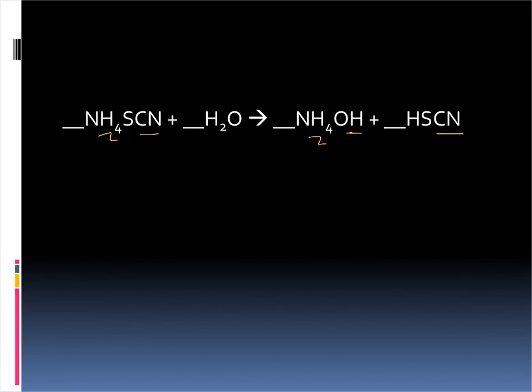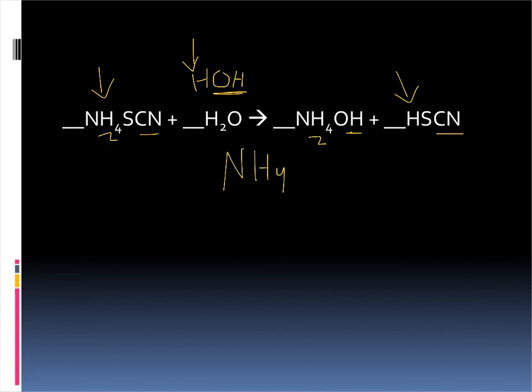You might not think there is, but a little trick is that water can be written as HOH, in which case you do have an OH. Also realize that you have these just regular H's. So you got to make sure that you're careful when you're counting this. You also got H's in the NH4, right? There's just H's everywhere. So make sure that you are paying attention when you do this.